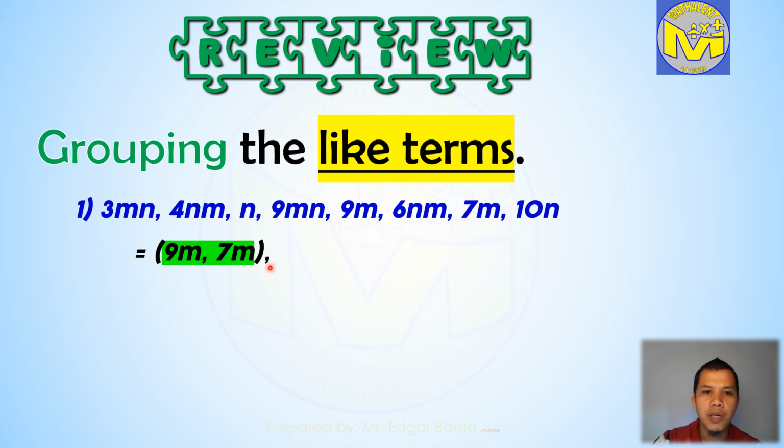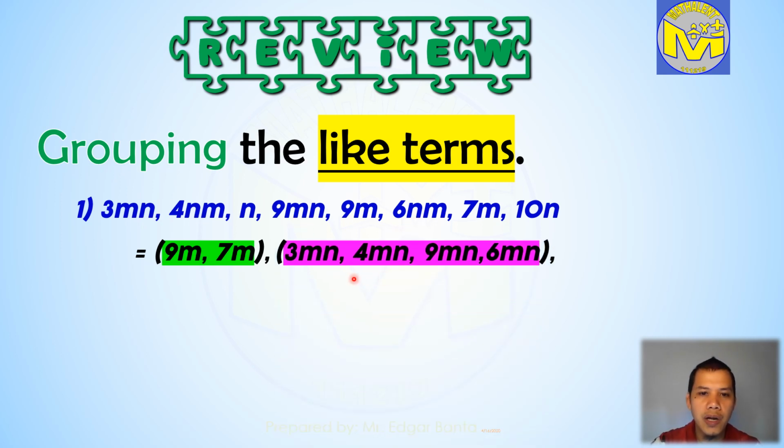And then what is the next group? The mn. How many mn's? We have 1, 2, 3, and 4. We have 4 mn's. And then the next group is the n group, I mean. So we have n and 10n, n and 10n.